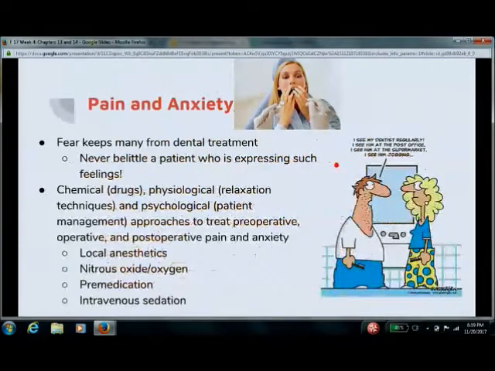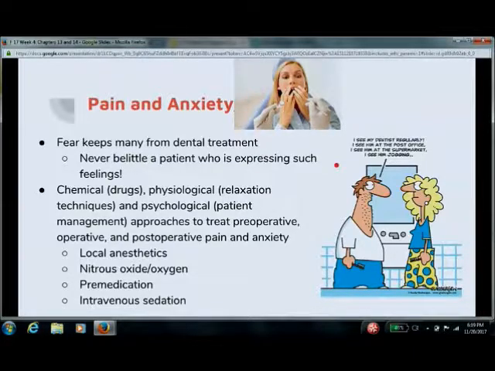Okay, so fear keeps many patients from dental treatment even today. So for those of you who are younger and maybe haven't had a lot of dental work done, you might love going to the dentist, but you're going to meet a lot of people who don't. And so we never want to belittle a patient who is expressing such feelings. So telling a patient that they're being a big baby is a bad thing, right?